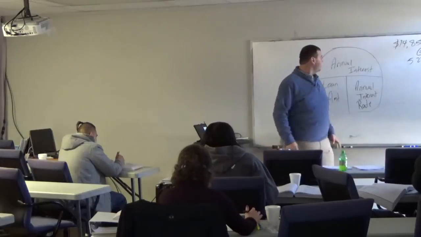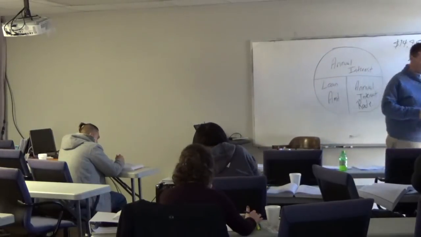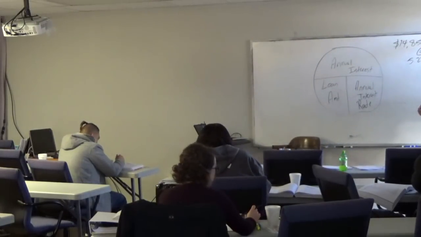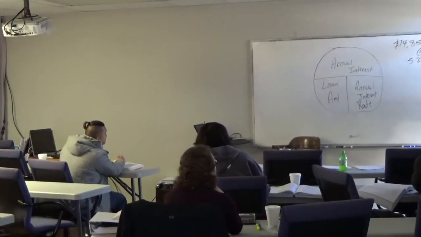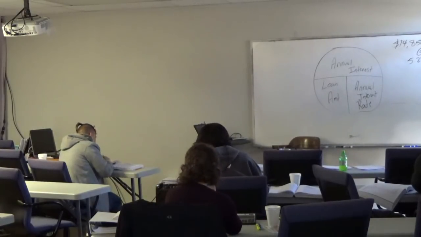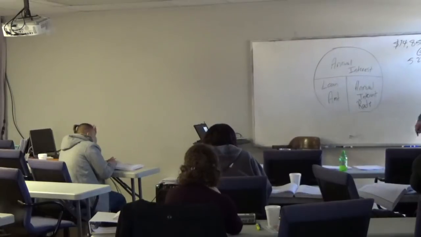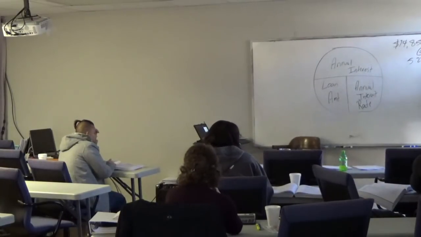It would be annual interest divided by the interest rate, right? So 14,850 divided by 5.25%. He owes $282,857.